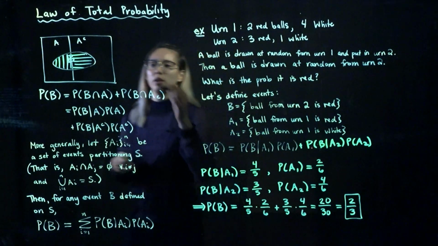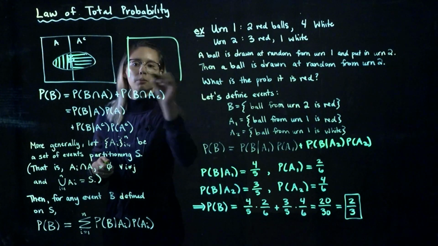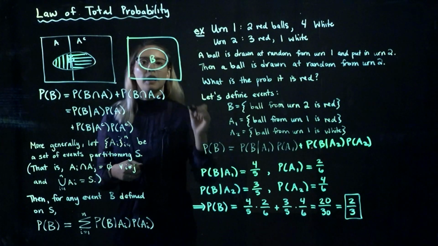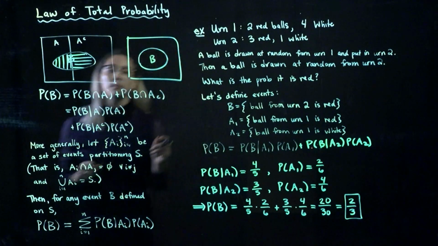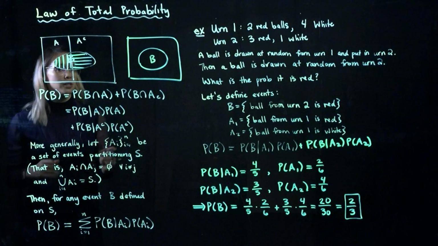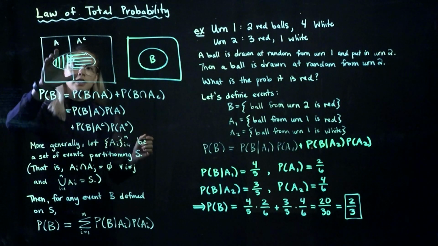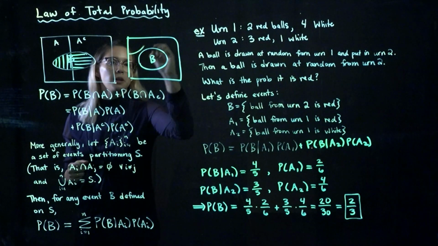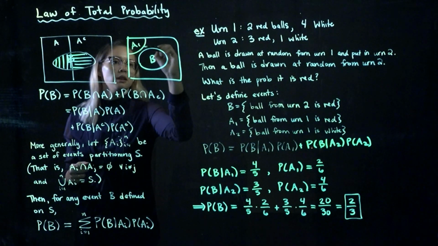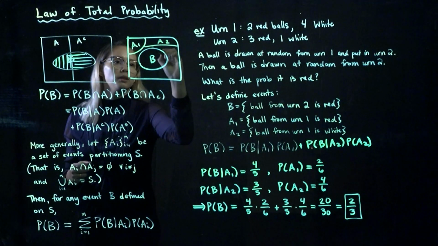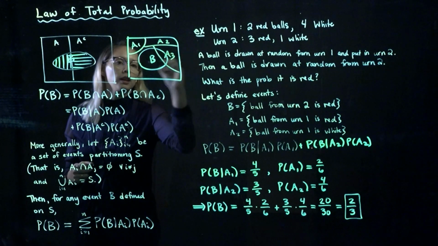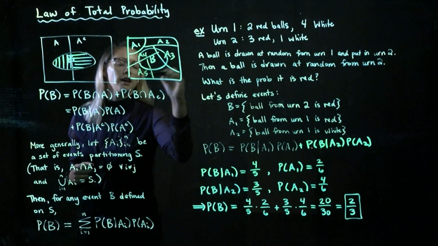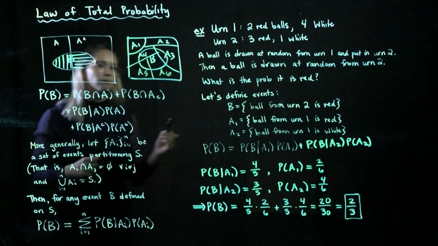But if we wanted, we could calculate the probability of B, so let's have this be B, by taking our sample space and partitioning it up into a bunch of events. So not just A and A complement, but we could have several events. So maybe here's A1, A2, A3, A4, A5, and A6.